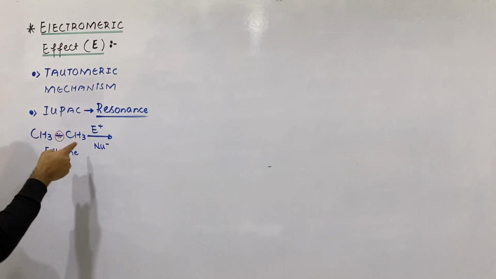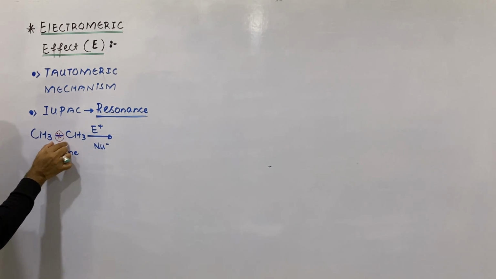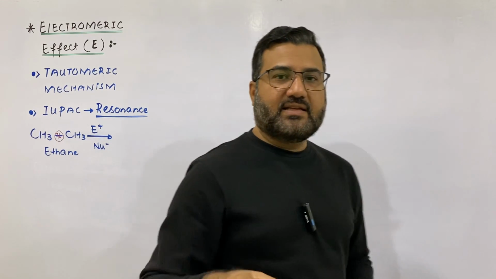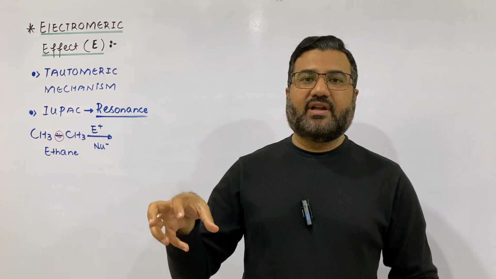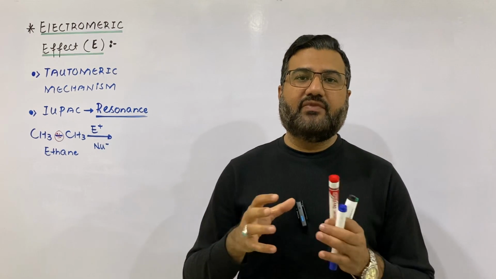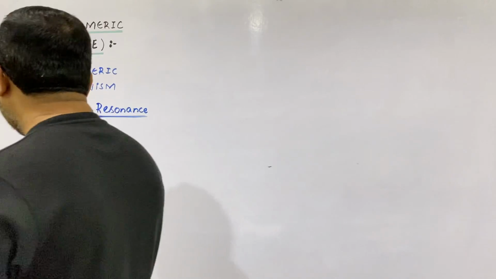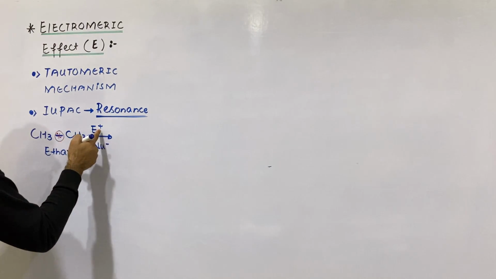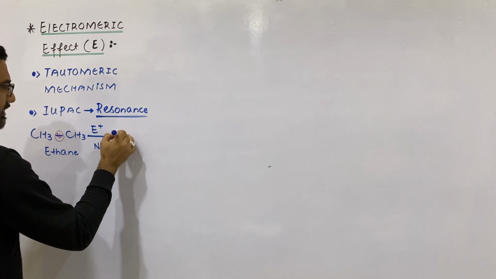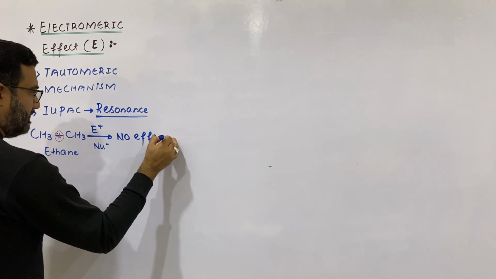So when the electric field of the attacking reagent interacts with these sigma electrons, there will be no effect, as the sigma electron density is exactly on the nuclear axis, under the very strong nuclear force of attraction of the bonded atoms. We will say that the molecule will remain unaffected.